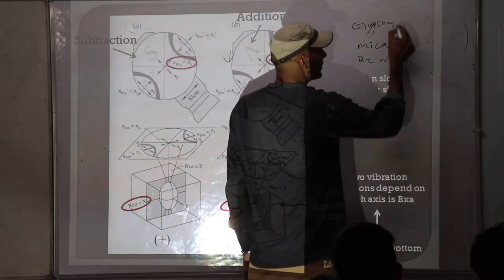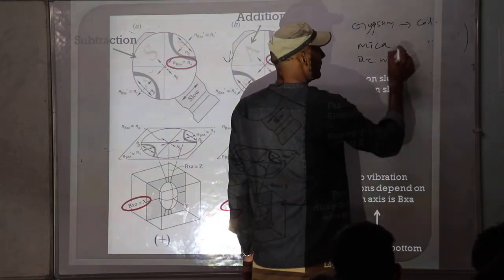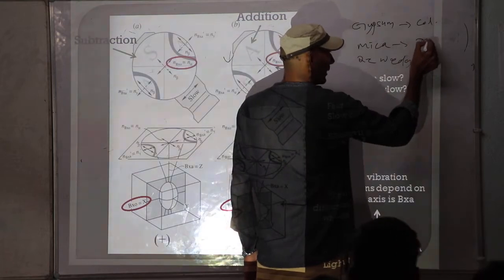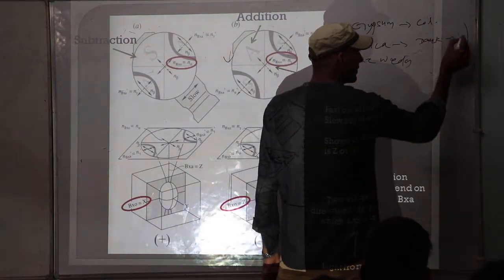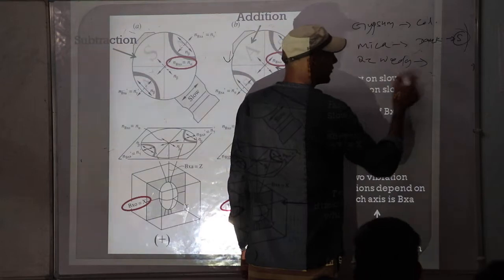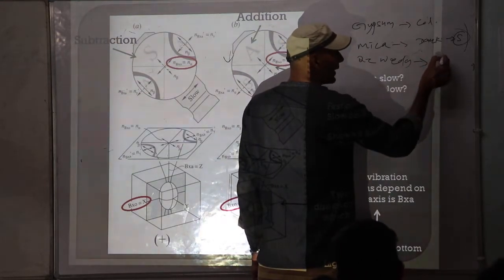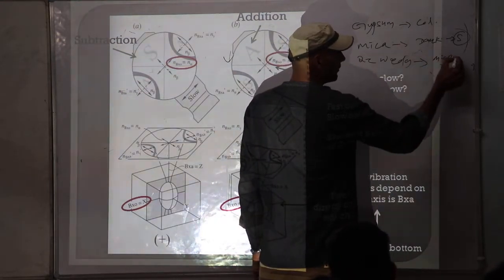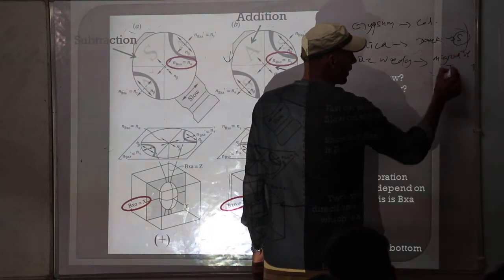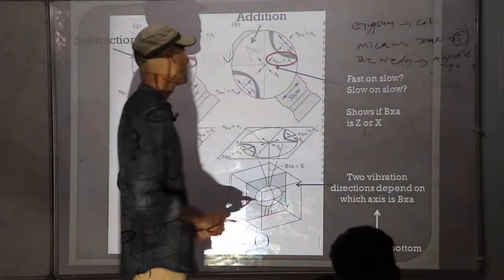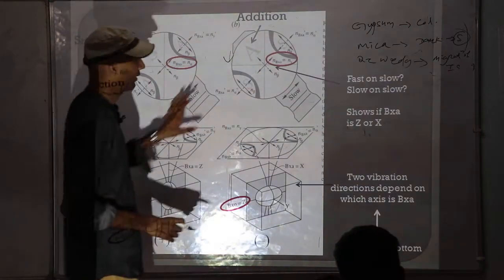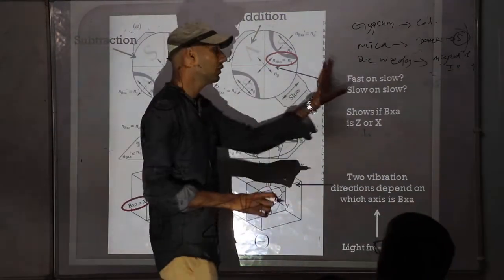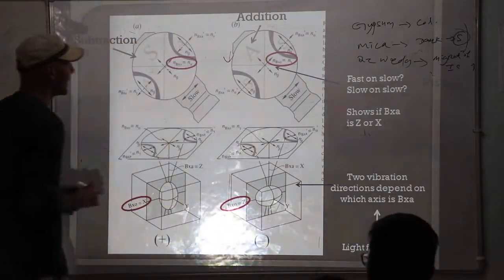Same thing will happen. Gypsum shows color change. Mica will show dark patches in case of subtraction. Quartz will show migration of isochrome. Right. So talking about gypsum, I am giving you one example. You can correlate like that.